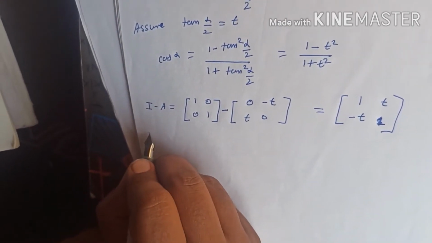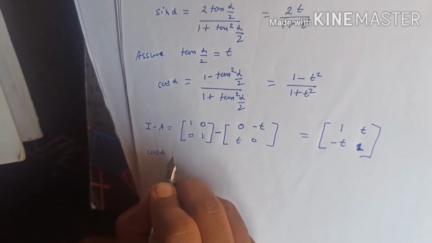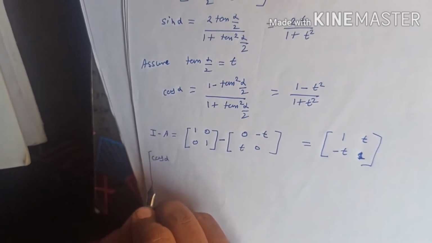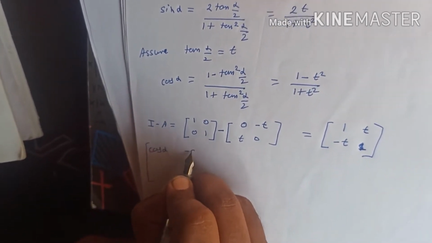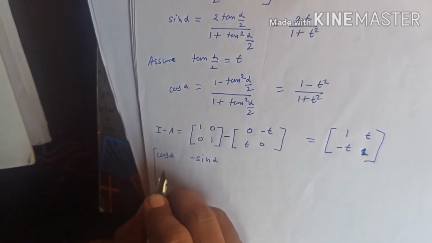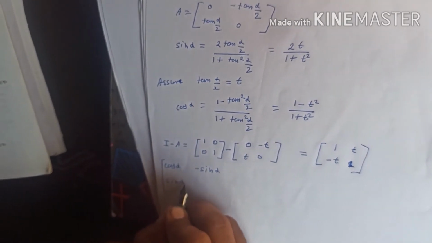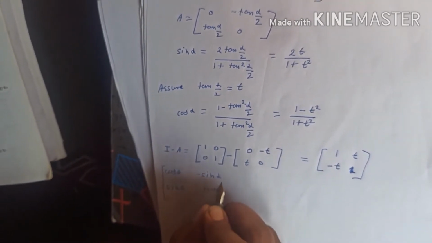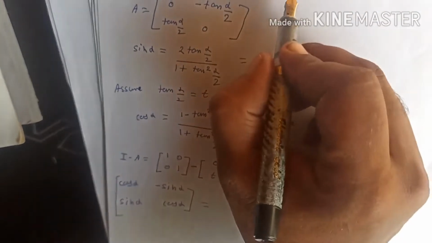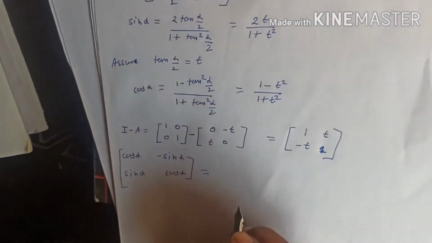And cos of alpha, negative sin alpha, and cos of alpha can be written in the form of t.